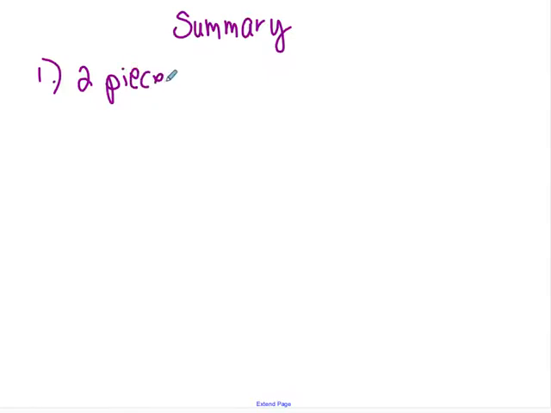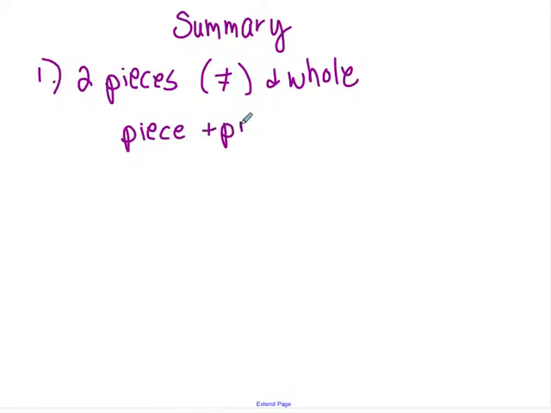Let's see if we can summarize. We have 3 types of problems. The first type is where I'm given 2 pieces where they're not equal lengths and the whole. In this case, you take each of the pieces, add them together, and it's equal to the whole segment length.